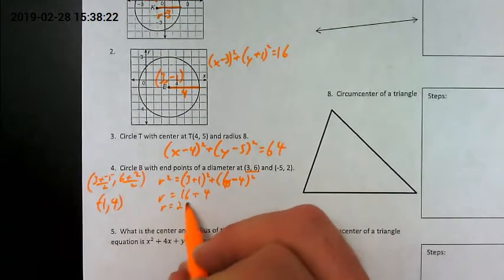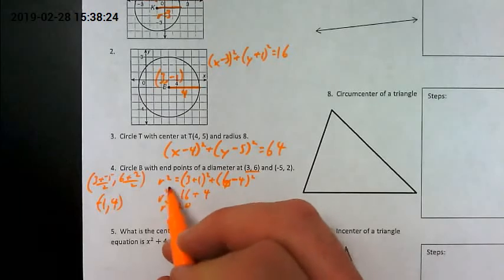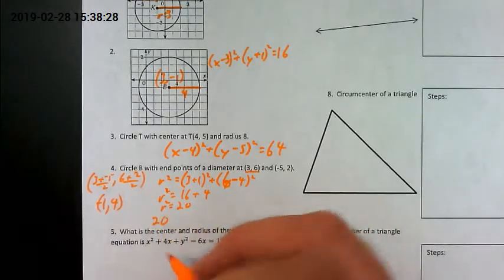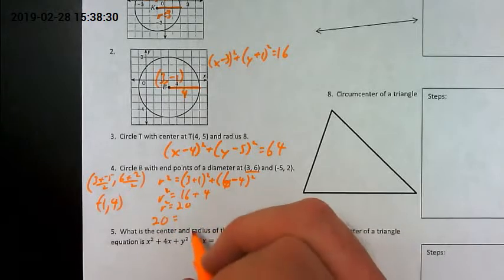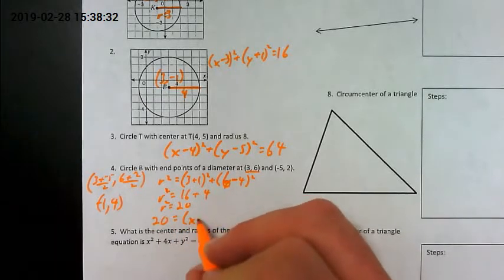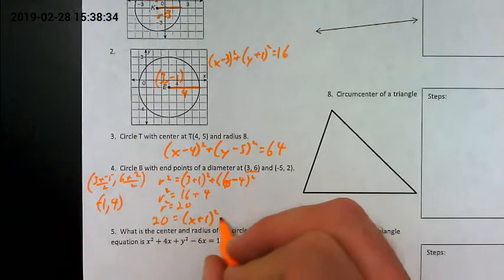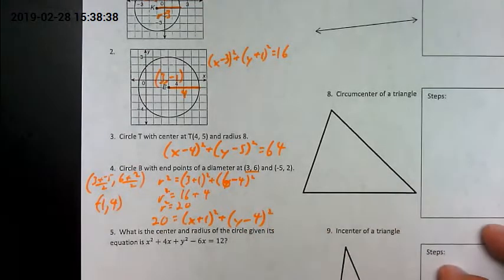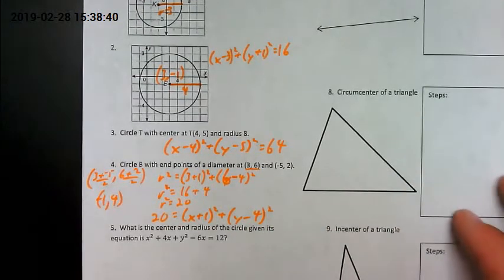Together that is 20. Again, that is r squared. So plug it into our formula. 20 for r squared equals x plus 1 squared plus y minus 4 squared. And that's our equation of a circle for that one.